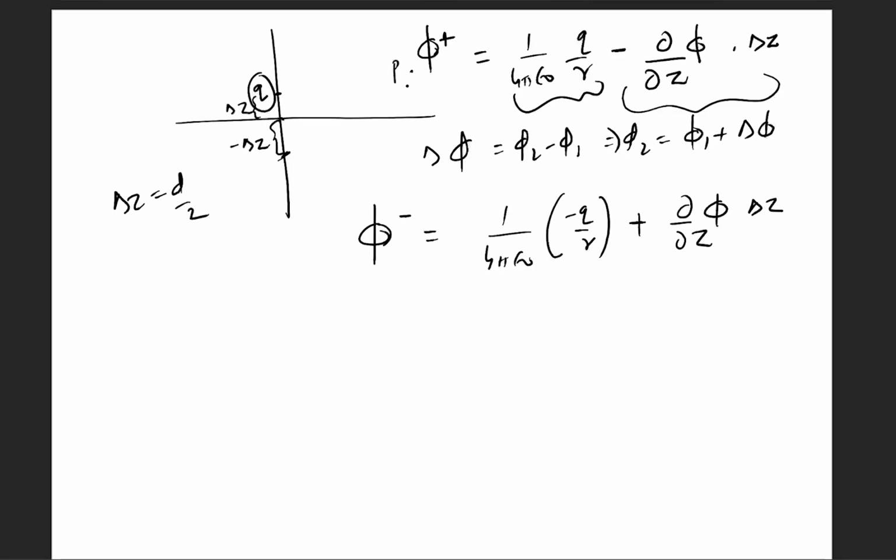So the total potential at this point due to this plus q charge and minus q charge, which are d distance apart, is simply phi is equal to phi plus plus phi minus.